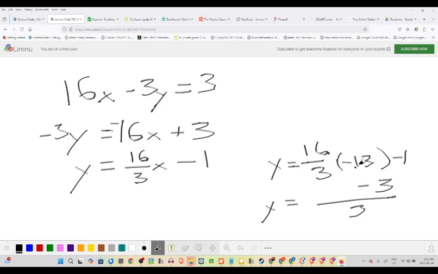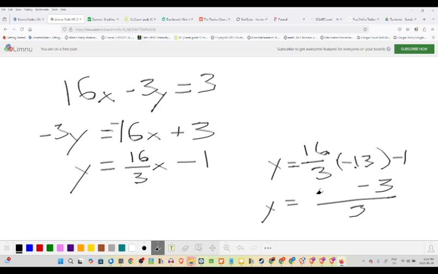16 times 13. Well, 14 squared is 196. And yeah, so 13 times 15 is 14 plus 1 times 14 minus 1. So that's 195 for 13 times 15.